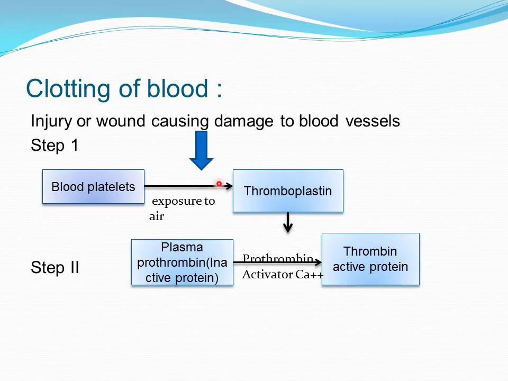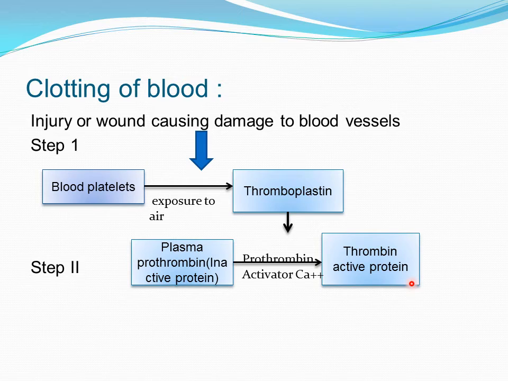So the thromboplastin which is liberated from the platelets activates the prothrombinase enzyme, and along with the calcium ions, it helps in the conversion of plasma prothrombin, which was still now in inactive form of a protein, to thrombin, which is active protein.